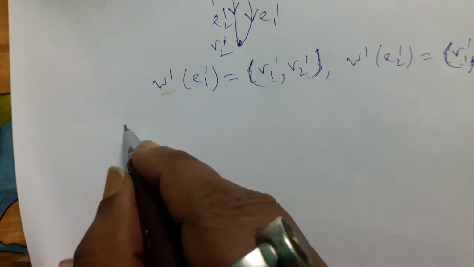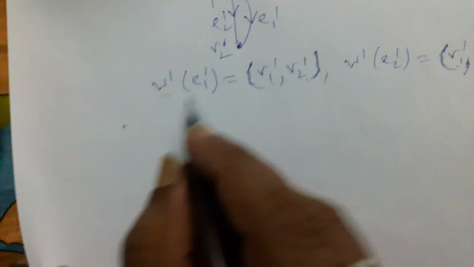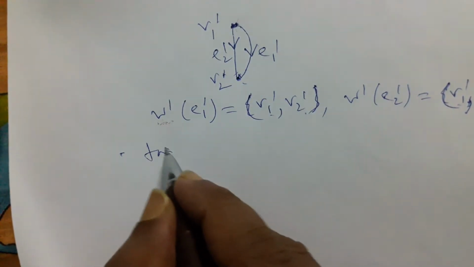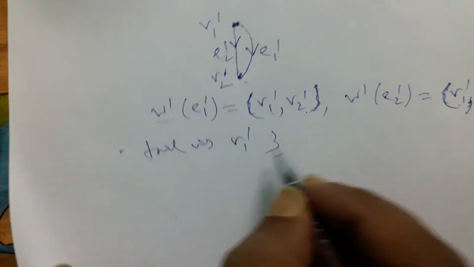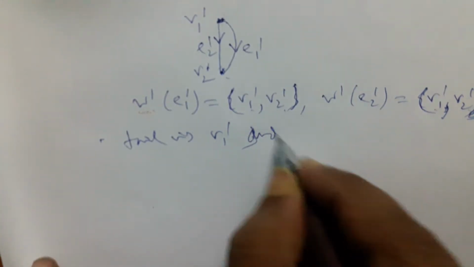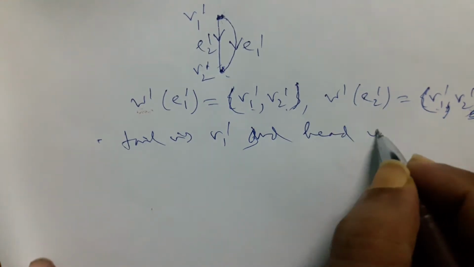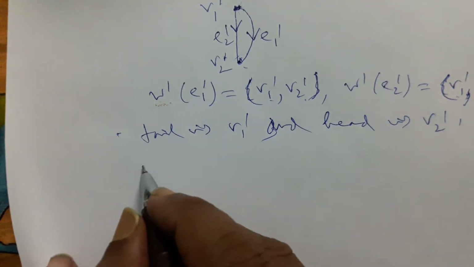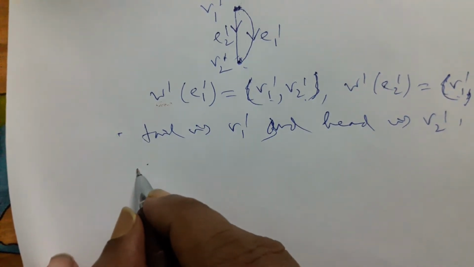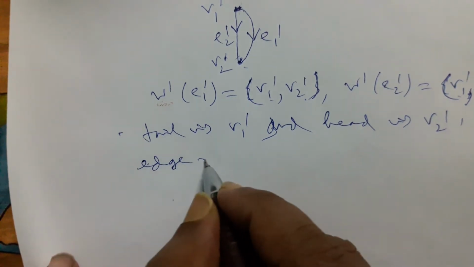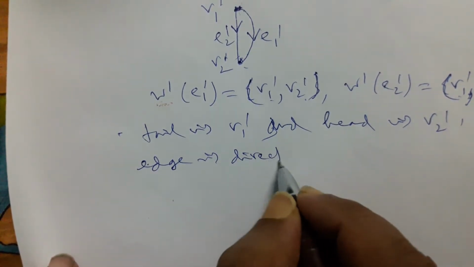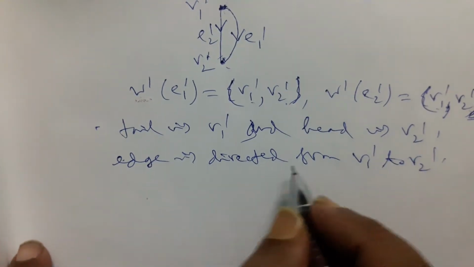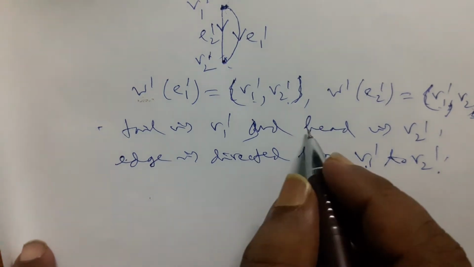In the earlier figure the tail is V1 dash and the head is V2 dash, so V1 dash is the starting point and the edge is directed from V1 dash to V2 dash, the terminal point.